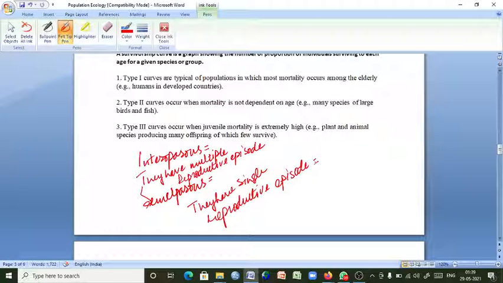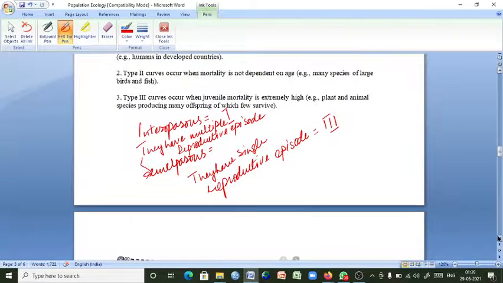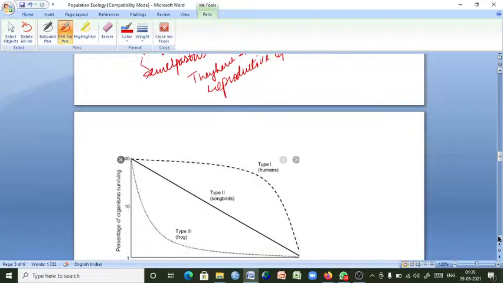They actually develop the type 3 curve. Iteroparous organisms indicate the type 1 curve. Just check the graph: type 1 forms the iteroparous type of pattern, and type 3 forms the semelparous type of pattern.